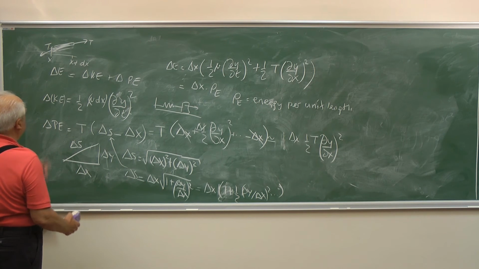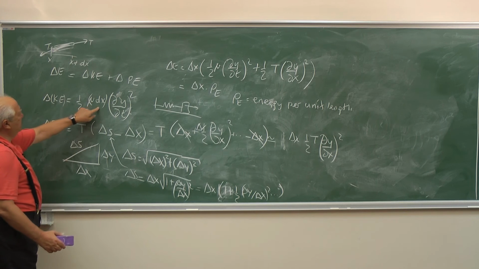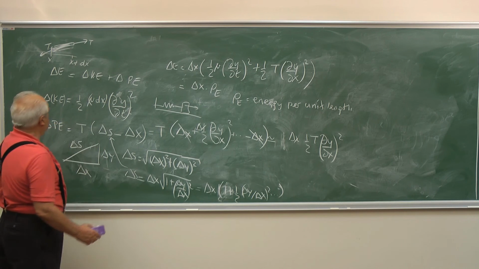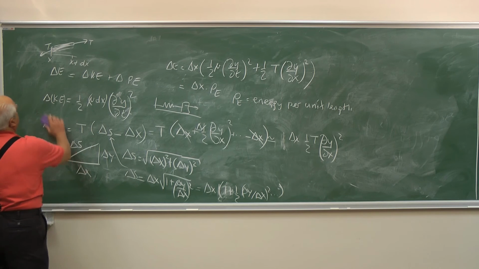Okay, I'm erasing. This is μ dx (∂y/∂t)², the velocity squared.